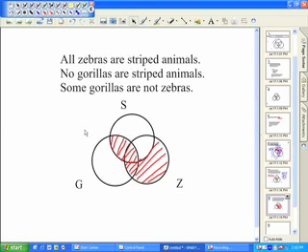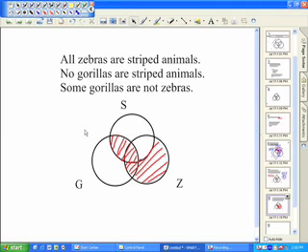Now, here's an interesting thing. Remember I told you that we can ask about existence if we have a circle that's 3/4 full. Notice at the conclusion, we're looking for an X in the G that's trying to eat the Z. Is everybody with me on this? And notice that the G that's trying to eat the Z is shaded 3 ways. So we can ask ourselves about existence. Now, what does G stand for? Gorillas.